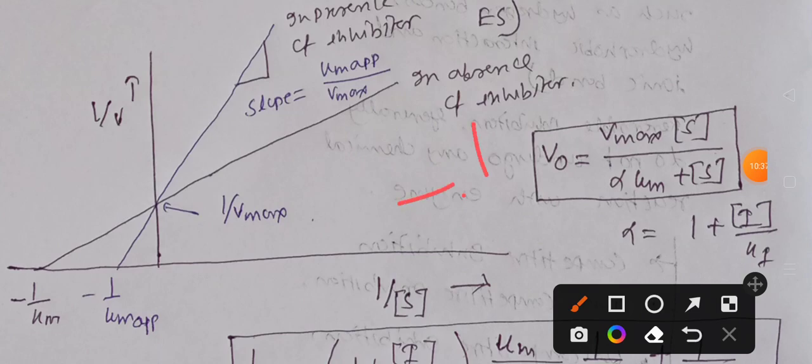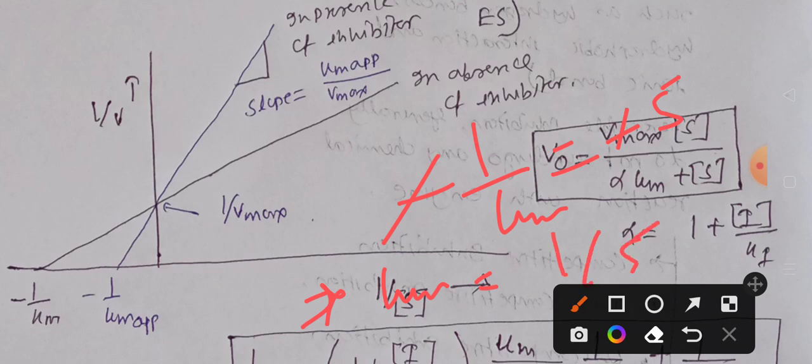So if we solve this equation, we will get the value of Km as 1 by 5, right? And the value of 1 by 5 is 0.2, right?